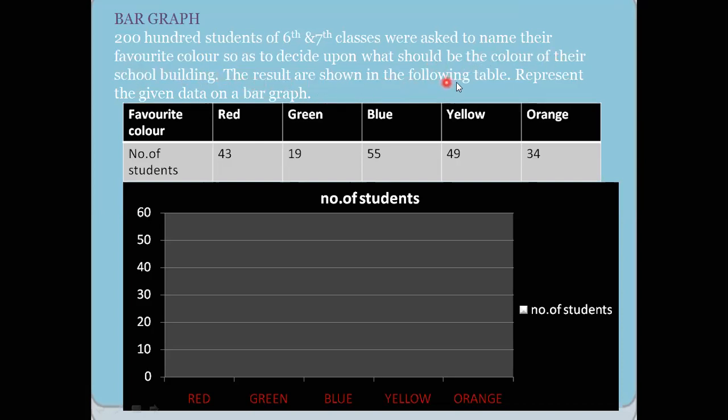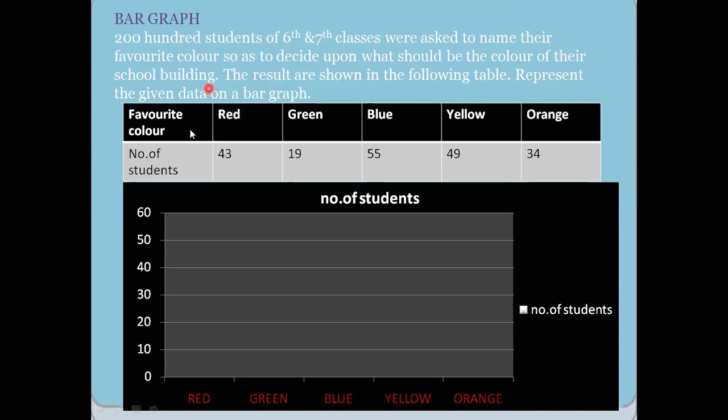The results are shown in the following table, represent the given data on a bar graph. So here the question means, they have asked the 6th and 7th standard students to say their favorite color, so that whose favorite color is the most, they can color their school building in that color.